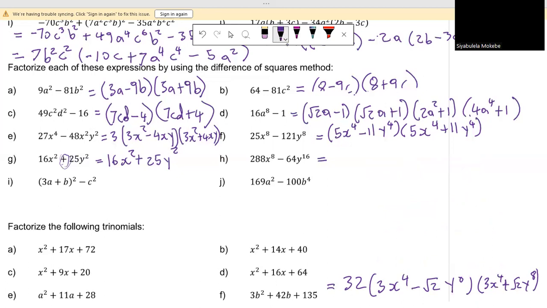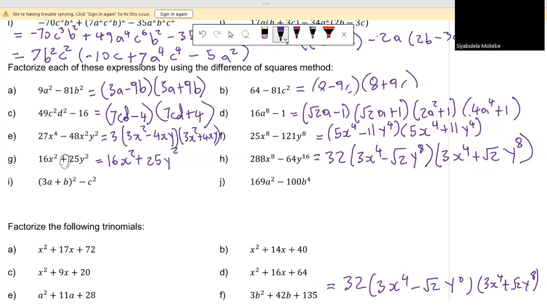So we have 32 times 3x to the 4 minus square root 2 y to the 8 and 3x to the 4 plus square root 2 y to the 8. Sure.